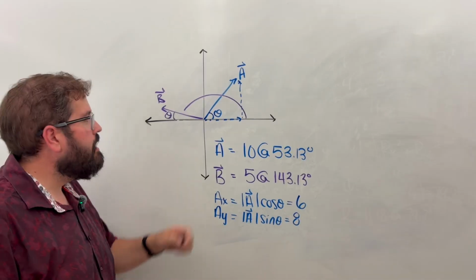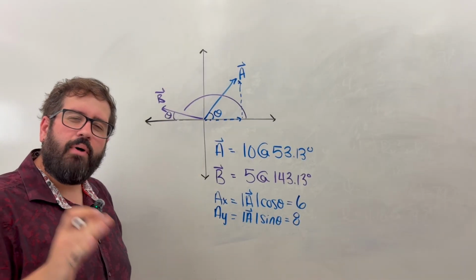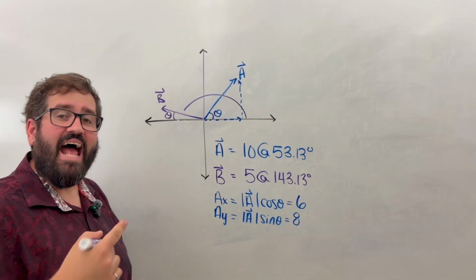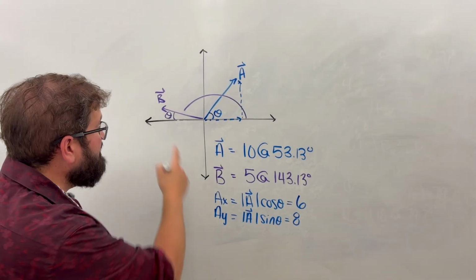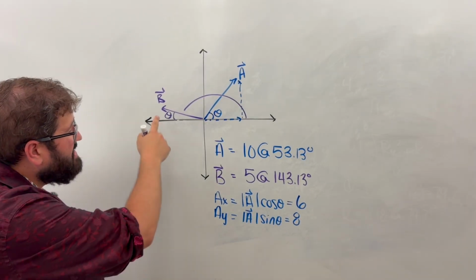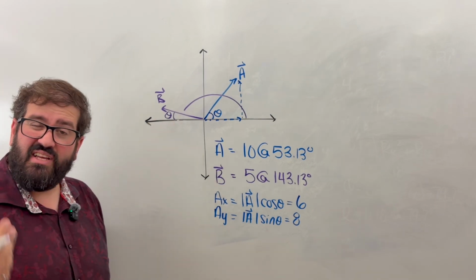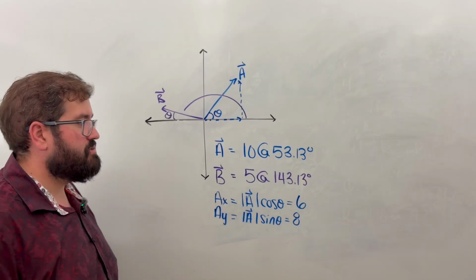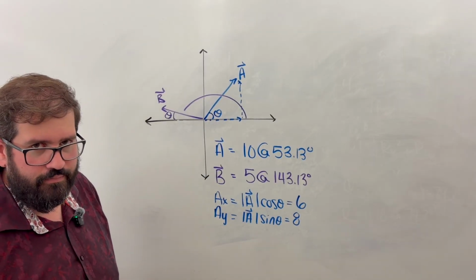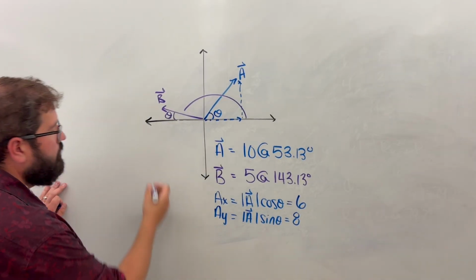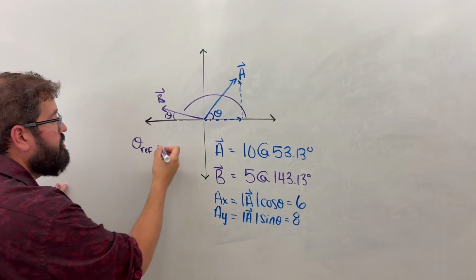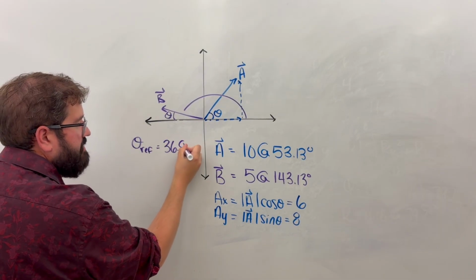And that's fine. It'll still give you the right answer, but it'll always be positive, so you need to manually go in and add the positive or negative if the vector needs it. And in this case, the x component of B should be negative, so I'm going to have to manually put in that negative if I use the reference angle, and I will. The reference angle here would be 36.87 degrees.